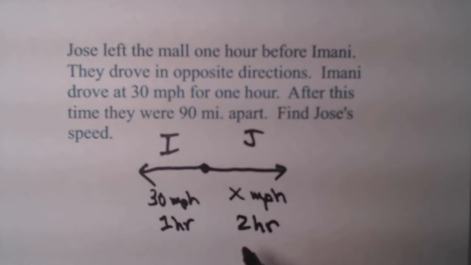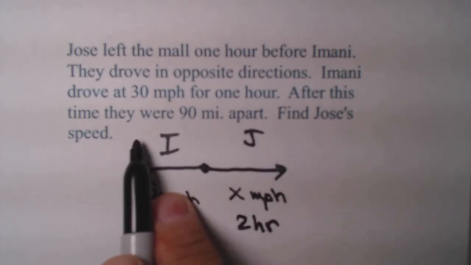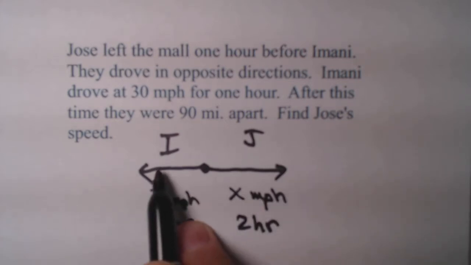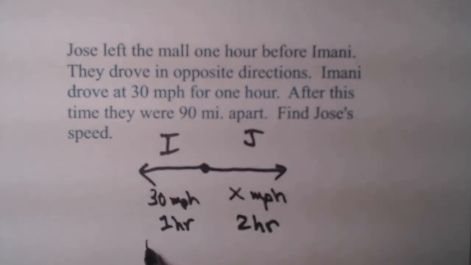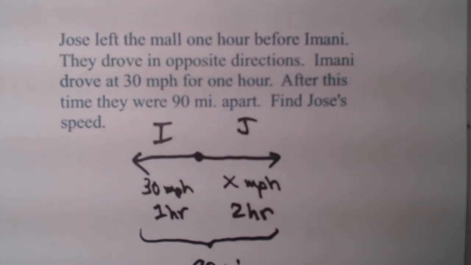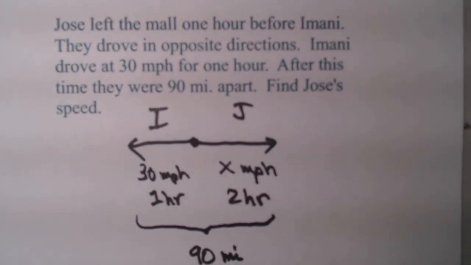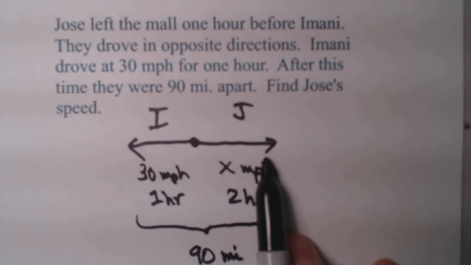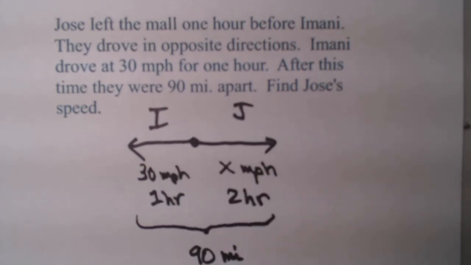Now, after we get all of that put together, we find out that after that time, the 2 hours that Jose went and the 1 hour Amani went, they were a total of 90 miles apart from each other. So here we are, 90 miles. The thing again here is we know what the total of the distances is, but we don't know the individual ones.